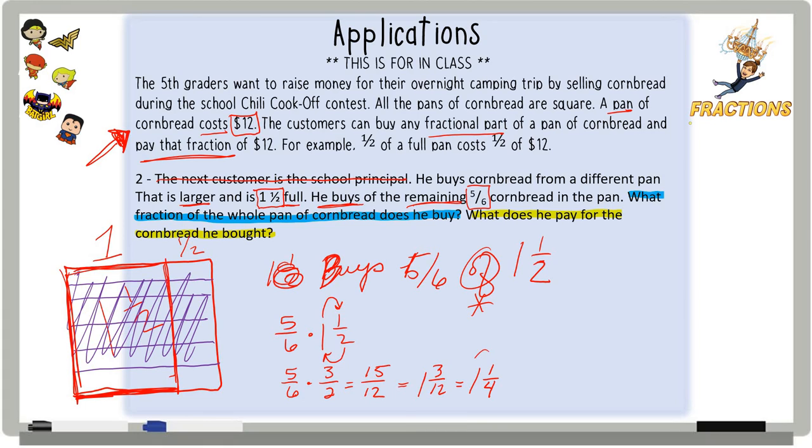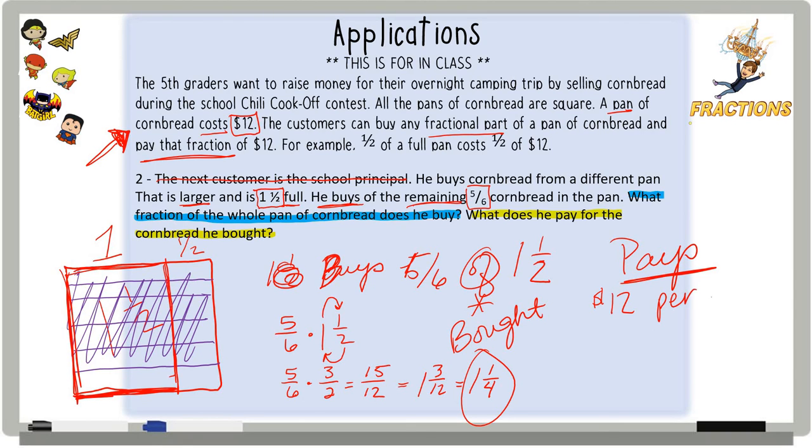So now this is what he bought. Now to figure out how much he pays, we know that it is $12 per pan. And the "per" is a multiply, but he bought 1 1/4 of a pan. So he bought not only a pan, but a little bit more than that.